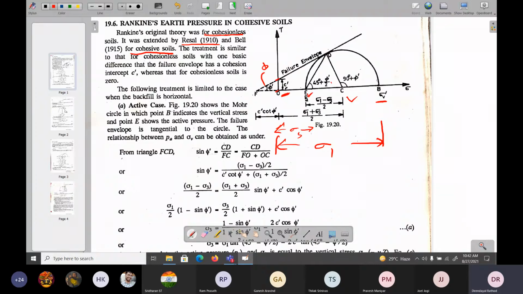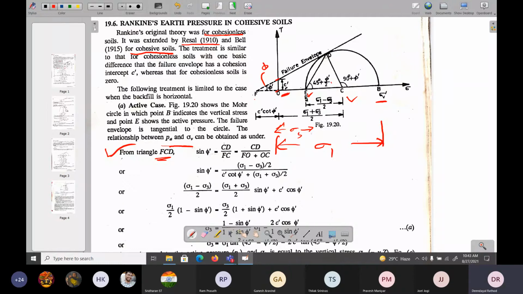The relationship between the active pressure and the vertical stress can be obtained from this. Look at the triangle F, C and D. Sin phi dash can be written as CD by FC. What is FC? FO plus OC.